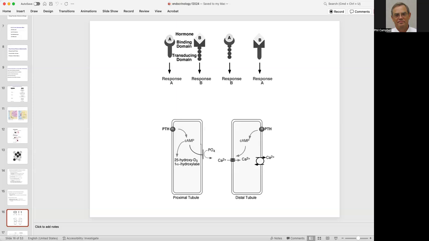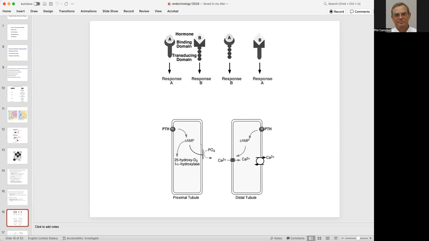In the kidney, there is a structure called the tubule, and there are epithelial cells that line this tubule. Depending on where you are along its length, the cells will respond to a hormone, here PTH, parathyroid hormone. However, they're all epithelial cells, but in this particular case, when the hormone binds to the receptor, because the intracellular machinery is such, it will result in the activation of vitamin D3. Further down in the tubule, it does not have this machinery. It has different machinery where it will alter the transport of calcium.